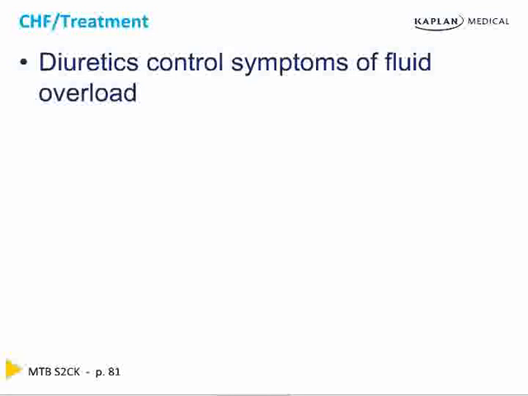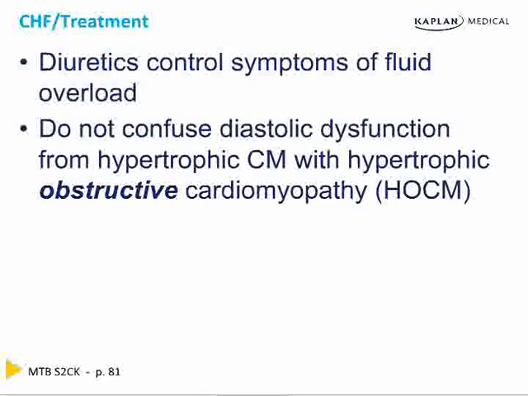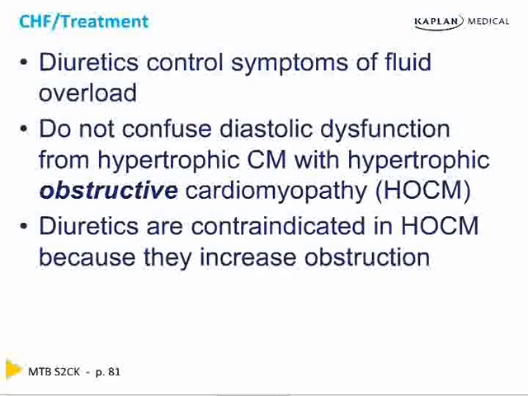But hypertrophic obstructive cardiomyopathy is a very rare entity. Almost all of it's just simple hypertrophic cardiomyopathy, in which we can use diuretics to decrease the symptoms of fluid overload. And you don't have to worry about confusing this with hypertrophic obstructive cardiomyopathy, because in that disorder, we don't want to use diuretics, because anything that makes the chamber size smaller would worsen the obstruction.